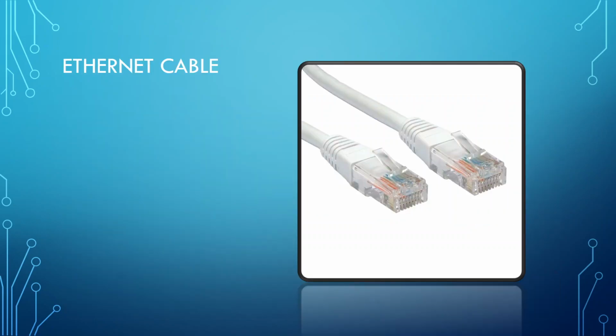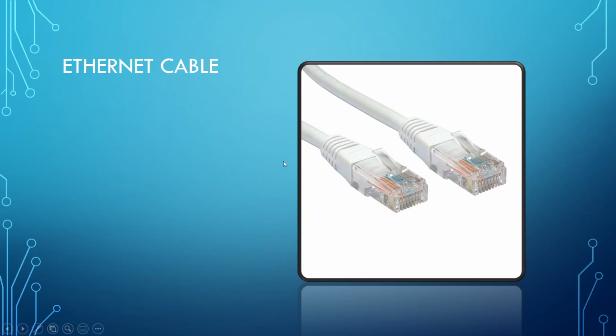Like I said, our switches have network ports, Ethernet ports, which allow us to connect our devices into the switches. This is the type of cabling we are going to run between our laptop, our desktop computer, our phone, our network devices, and our home user devices. This is what we call an Ethernet cable.